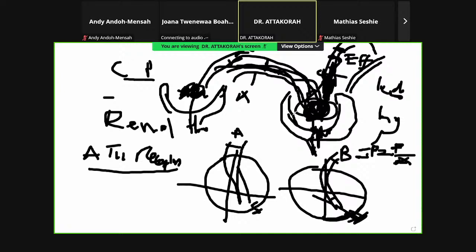Now this is the application. Who can tell me, based upon this, one or two medications that can cause renal impairment? And you tell me why.